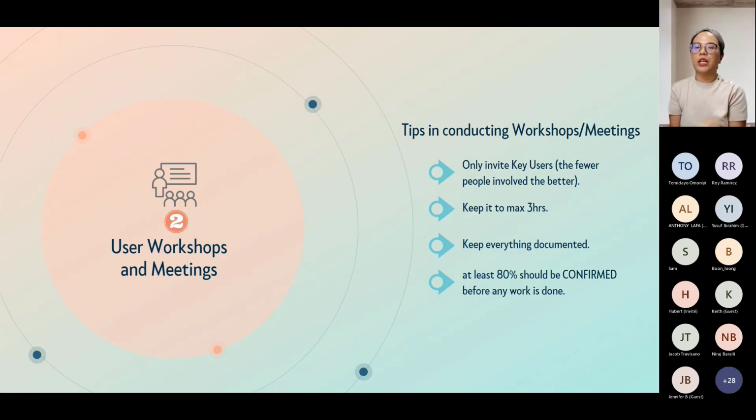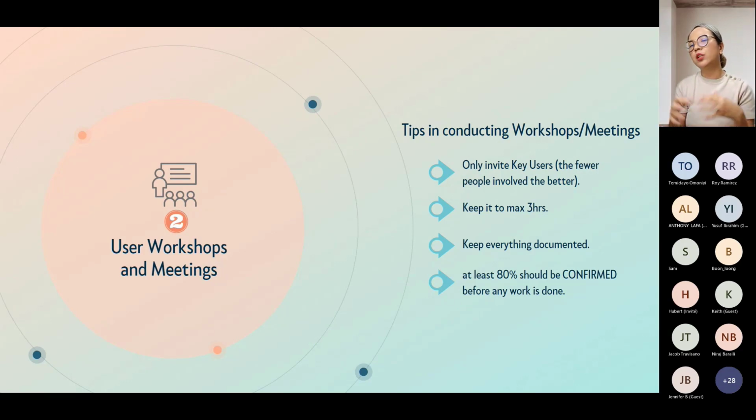You might wonder, oh my god, 3 hours is long, but the key here is that you are trying to ensure that you cover as much information as you can when it comes to the report. This one is what I would say crucial when it comes to delivering the report.